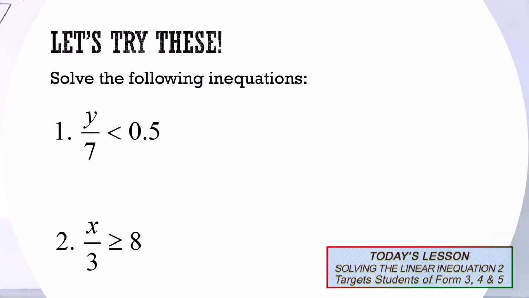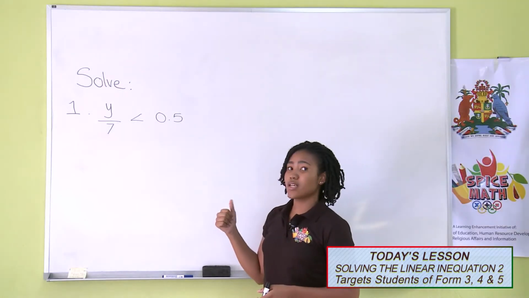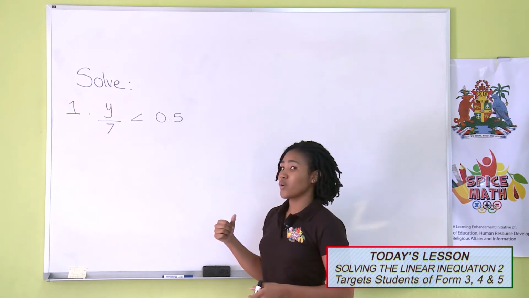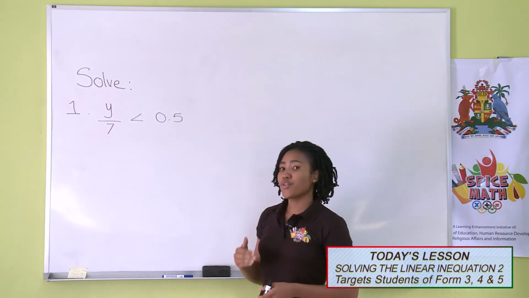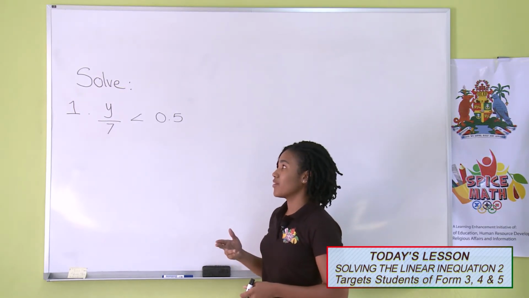Okay guys, so here we have our first inequation to solve. Read with me. y over 7 is less than 0.5. So we're going to solve this inequation, meaning we're going to solve for y. In order to do so, we are going to multiply throughout by 7.